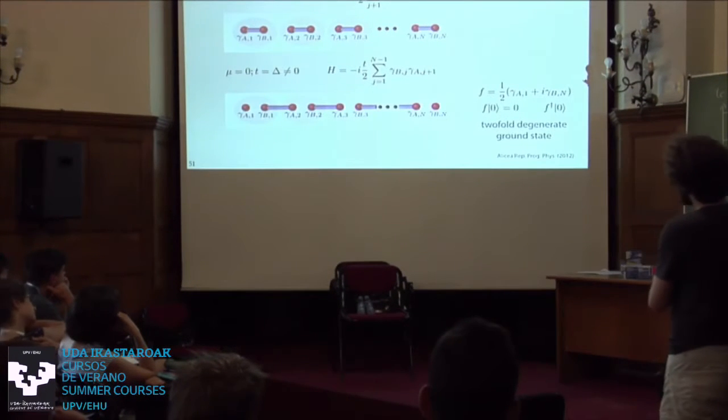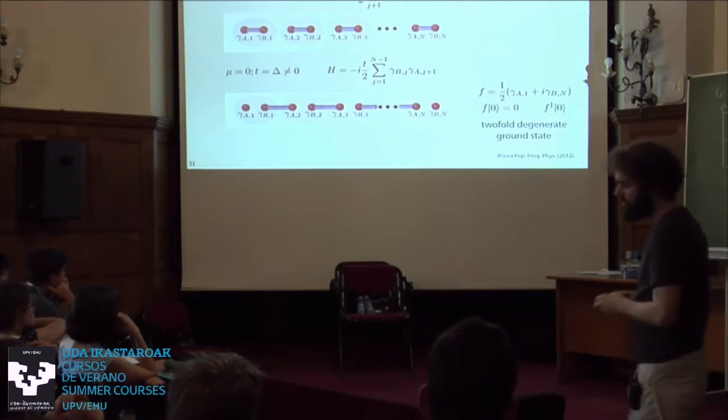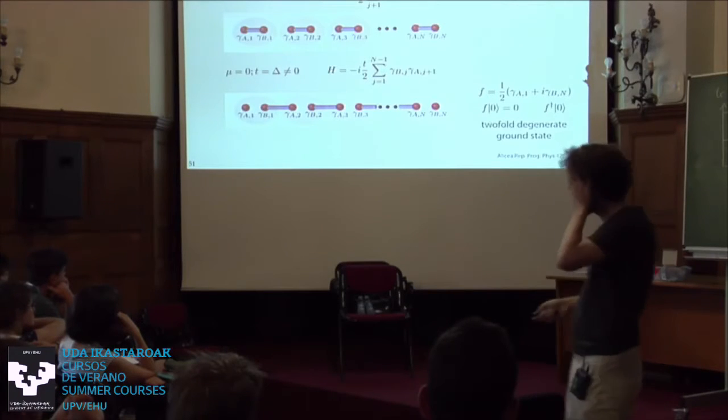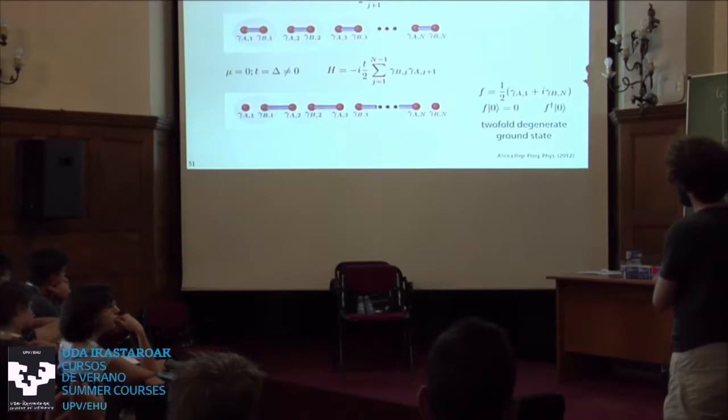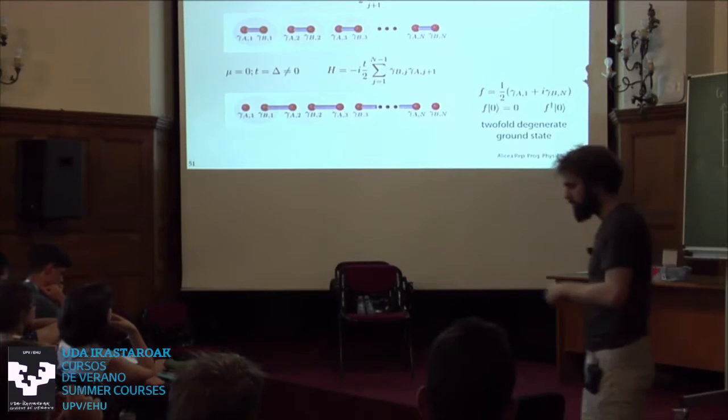What that means is that I can introduce now a new fermion f here, which is the sum of this one and this one. It's a very non-local fermion, but this Hamiltonian is independent of this guy. So the ground state here is actually doubly degenerate, and the reason it's doubly degenerate is because the energetics don't care about this extra non-local fermion.